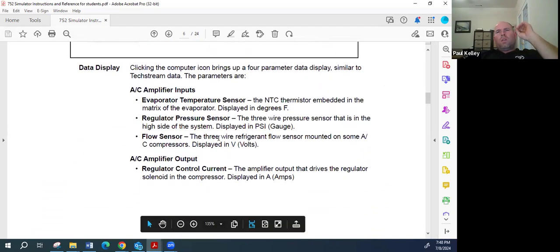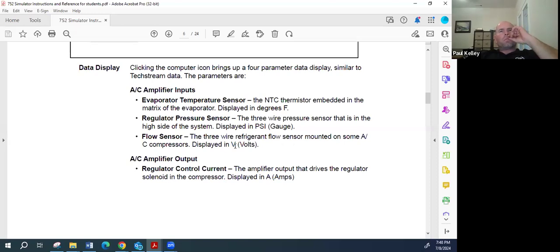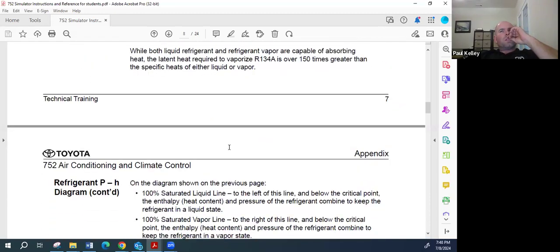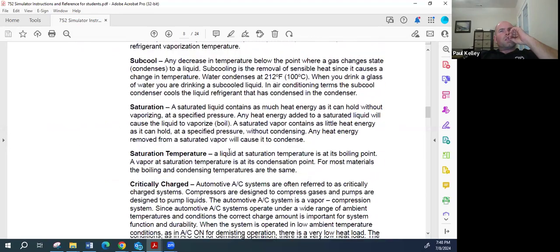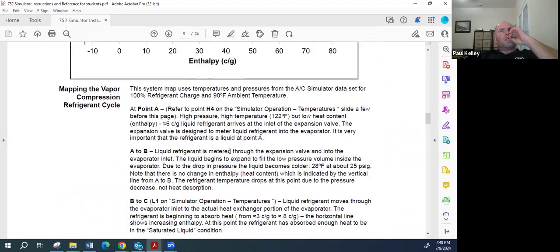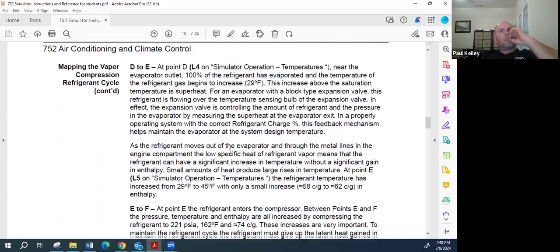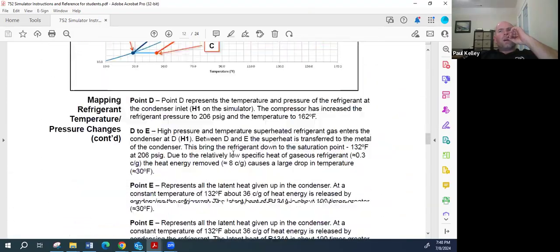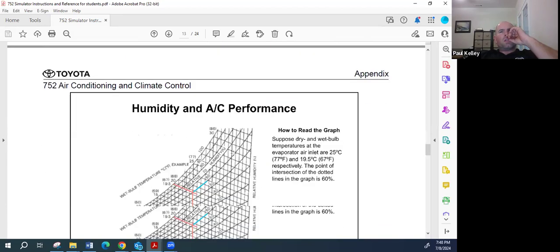Okay, a 3-wire refrigerant flow sensor mounted on some AC compressors displayed in volts. Okay, didn't really give us a ton of information though. Okay, looking good. It talks a lot about how the refrigerant pressure changes, liquid and vapor.